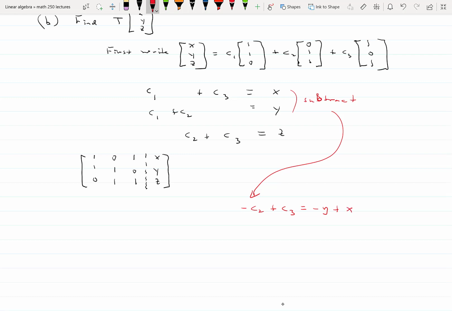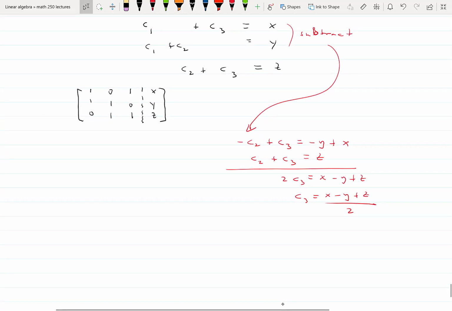I'm literally solving the system using intermediate algebra. And you could take the last equation, C2 plus C3 equals z, and then add those two to get 2C3 equals x minus y plus z, so C3 equals (x minus y plus z) over 2.